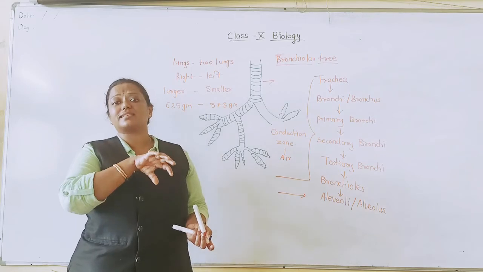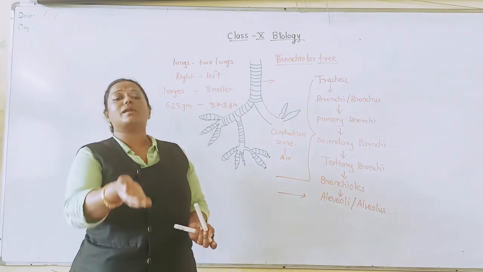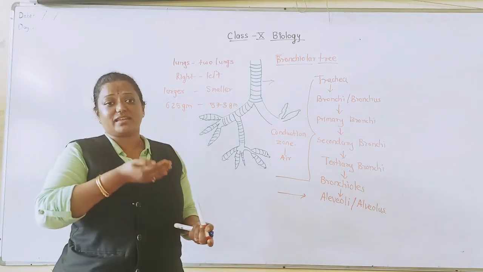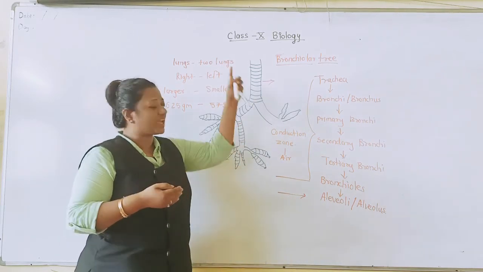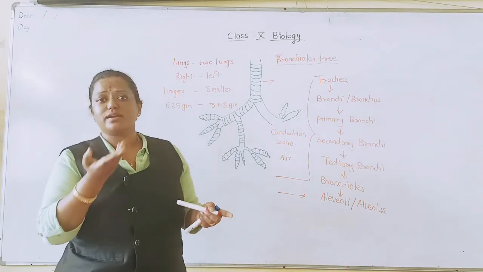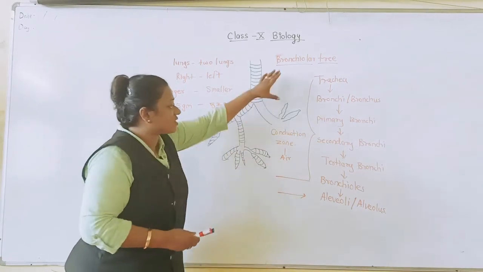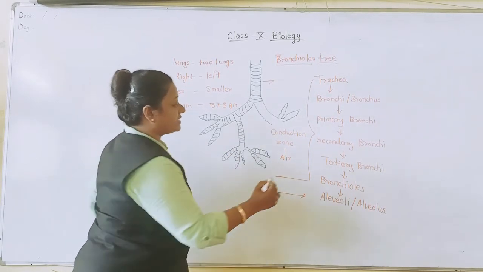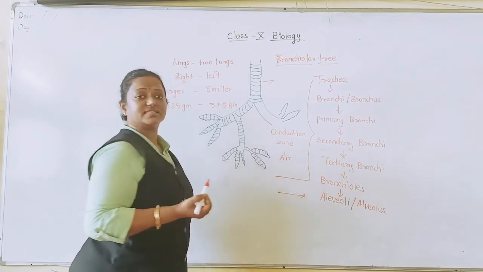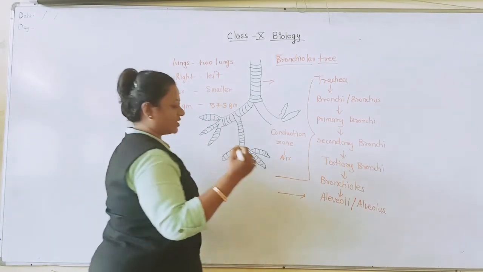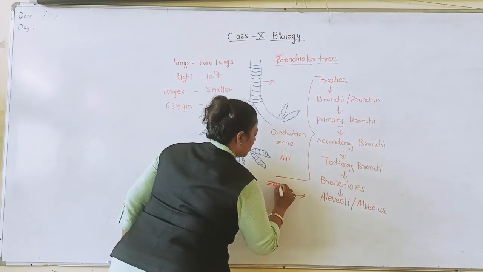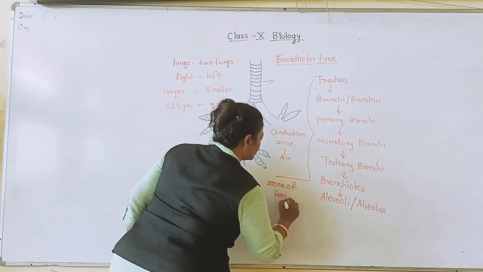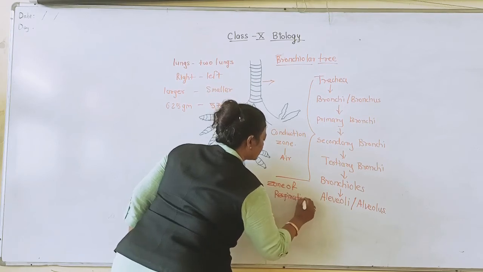Here the exchange of gas is taking place, and at the same time carbon dioxide is taken in by the alveolus, and again through the same channel it goes out through our nostrils. So this is all about the zone of conduction. And the alveoli is the zone of respiration. This is only the zone of respiration.